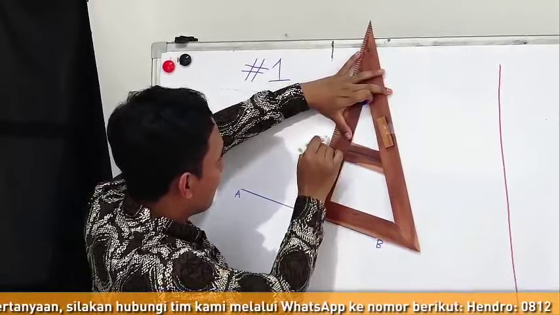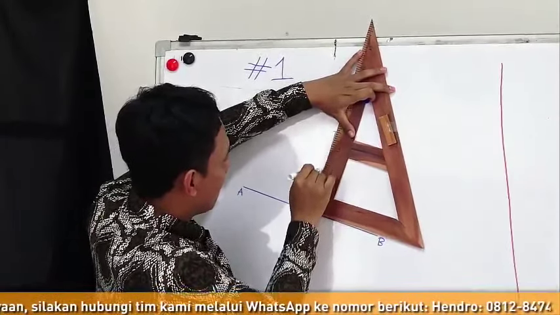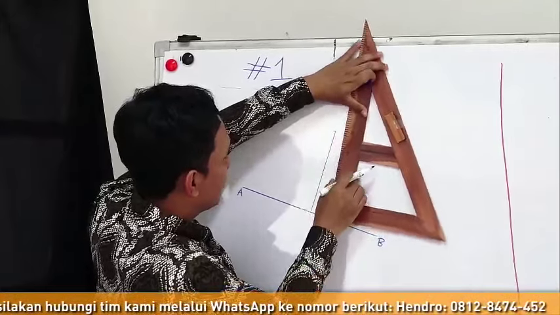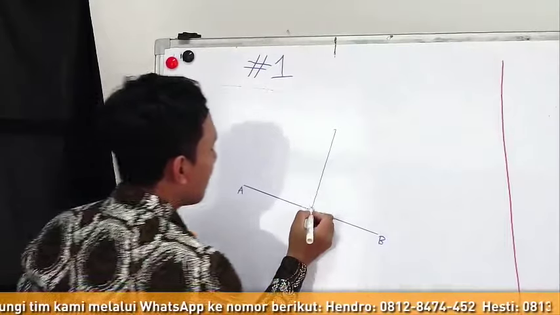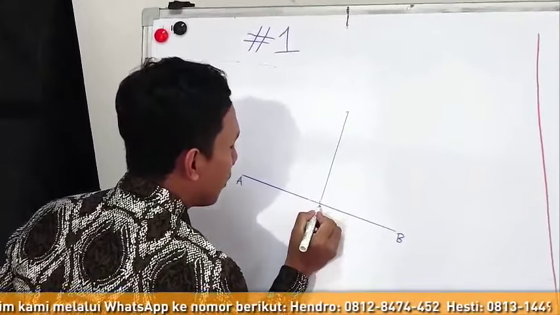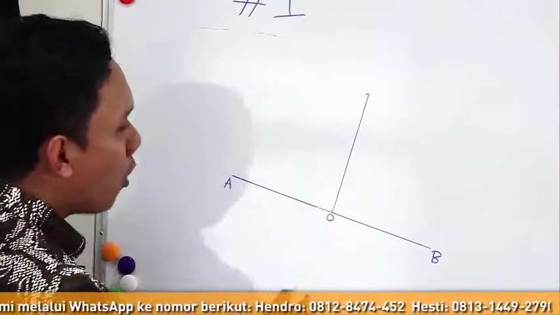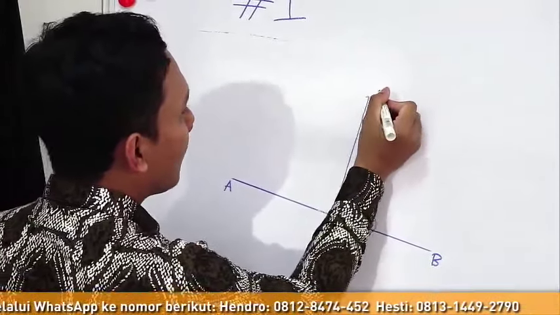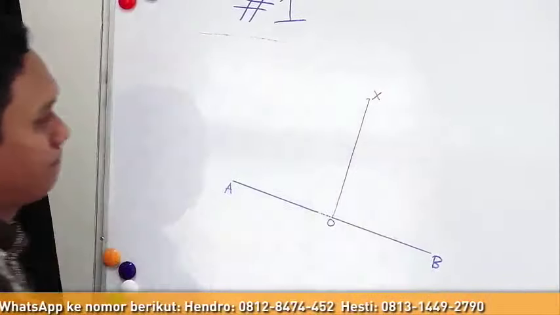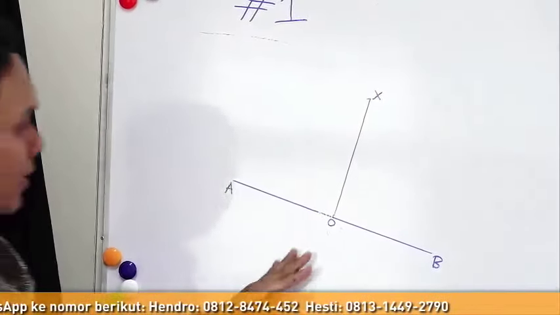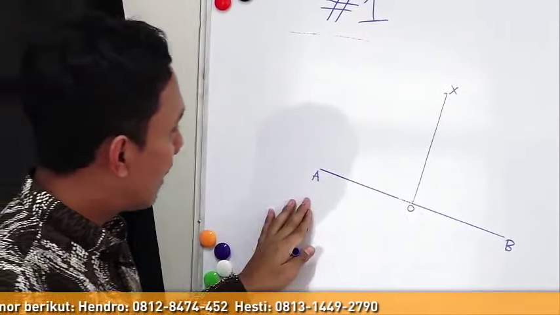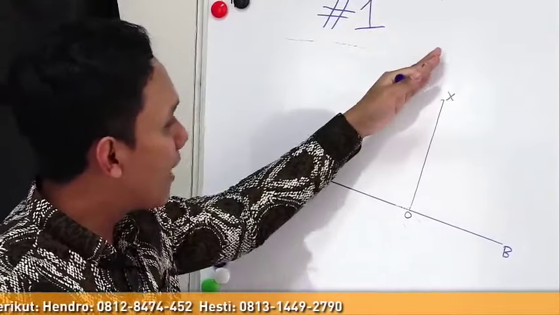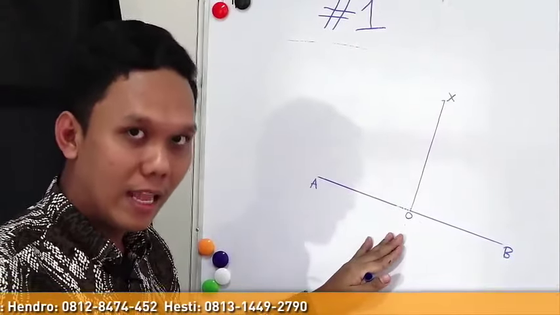This one. We can name the line. Here, maybe I can name this point as O, and this is X.